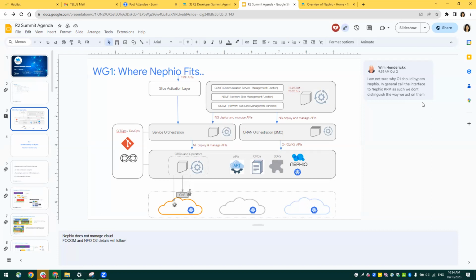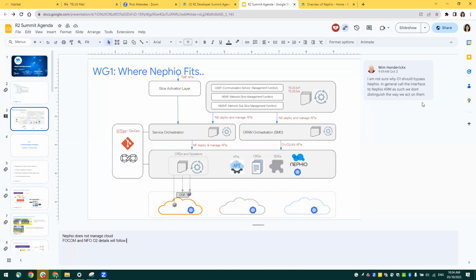No, I completely understand, and it's a problem. I'm trying to think of the best way to represent that. What I would do is present service orchestration as a big blob and put ORAN inside, though ORAN also has legs into the domain controller, as we were discussing.